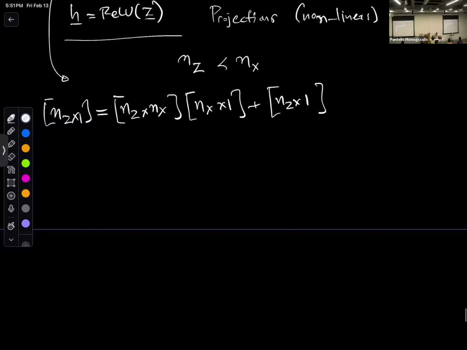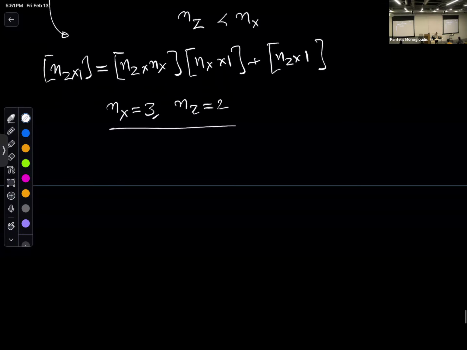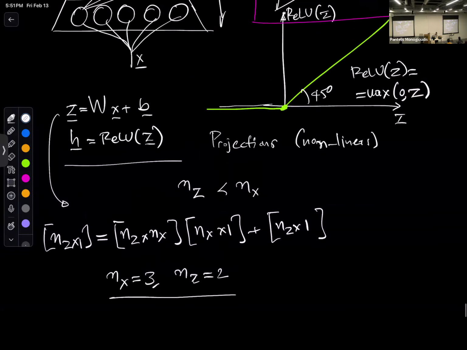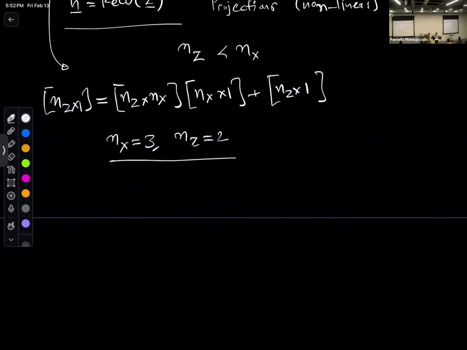Let's take an example, NX to be 3 and NZ to be 2. Let's do that slowly for the benefit of those who find this discussion difficult. So we have 3 dimensions going down to 2 dimensions.